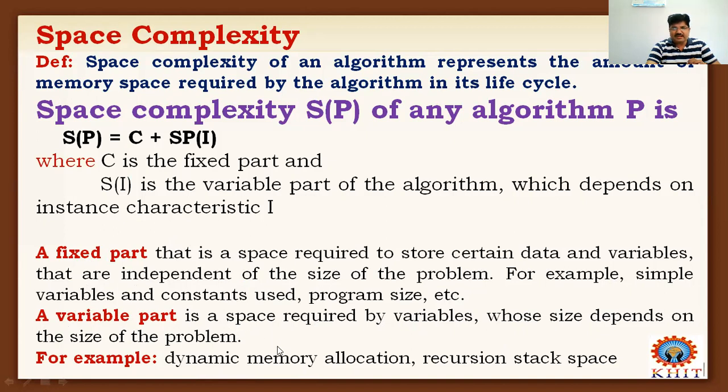It may vary. That means the size of a variable may vary. Here the size of the variable is constant. Let us discuss a simple example with the variable part, dynamic memory allocation and recursion. In this case, the variable size is not a fixed one. It may vary, depending on the situation of the problem.